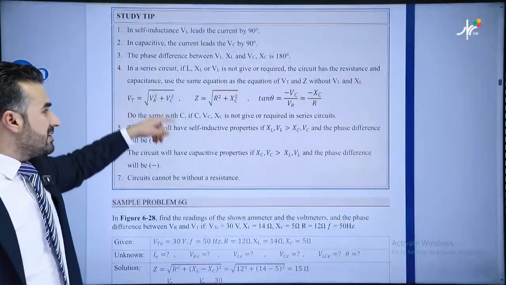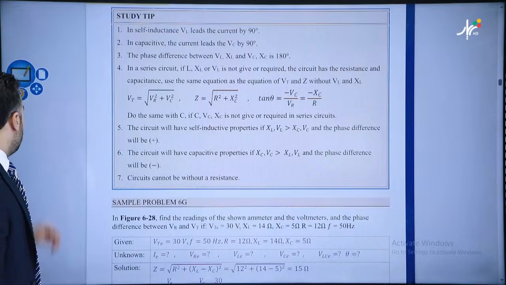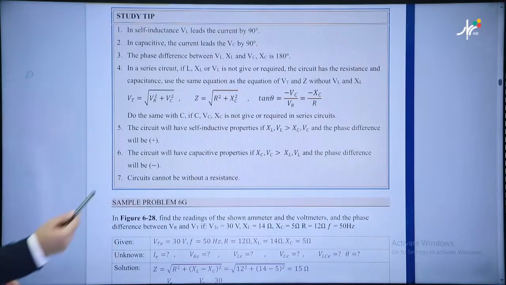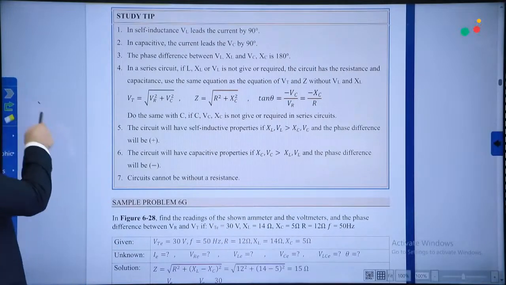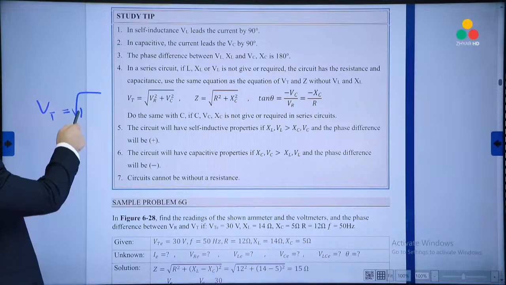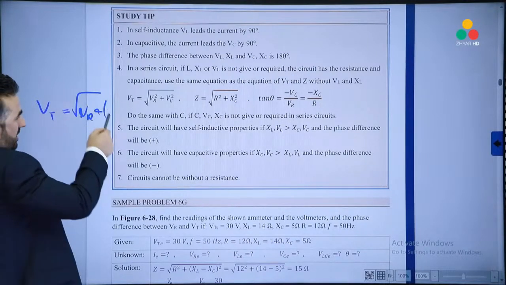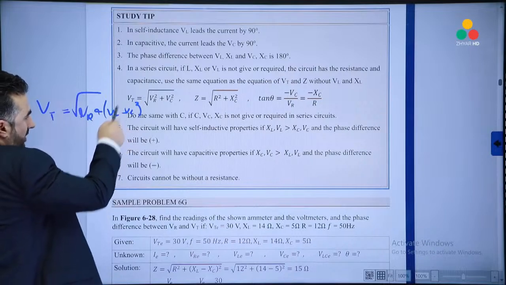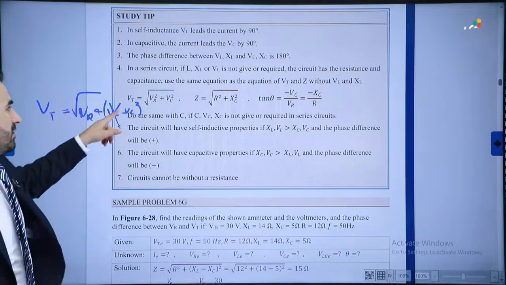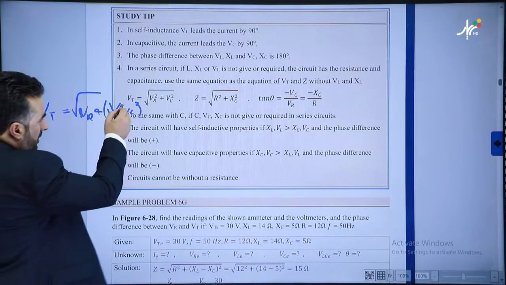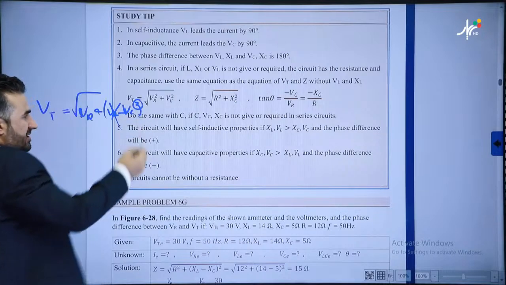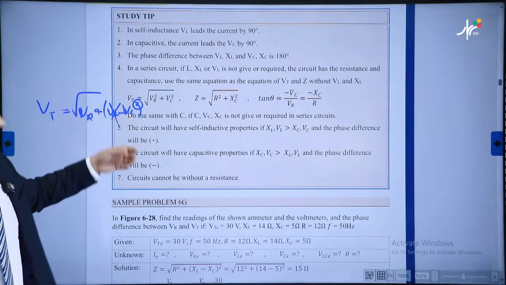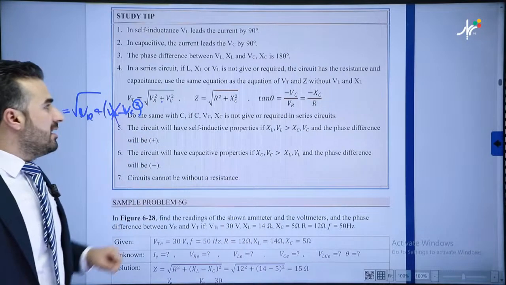You might say, Mr., but it wasn't negative. I would say yes, of course. V total is basically VR plus, we said, VL minus VC, squared, yeah? So remember this: if you take out the VL part from the equation, it becomes negative VC. But remember, this is squared, so negative VC squared, you still get a positive value, so that is why we write positive here.